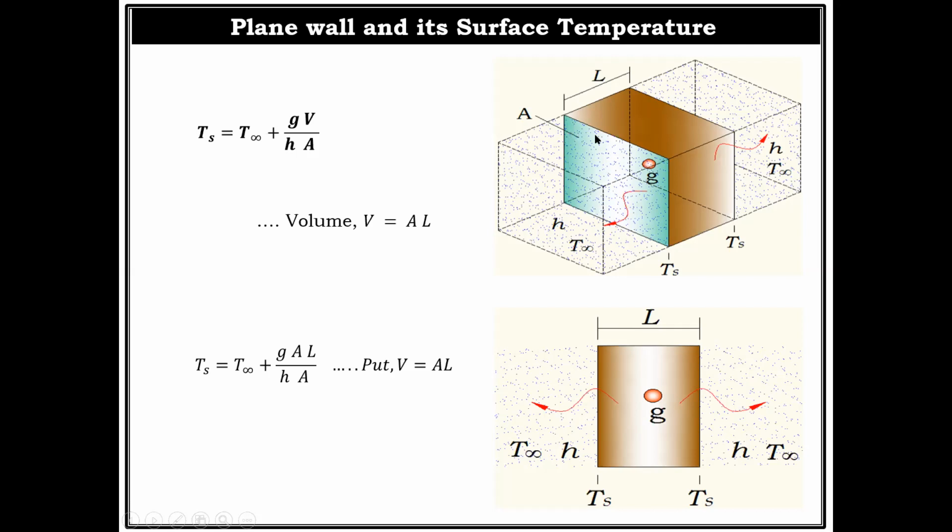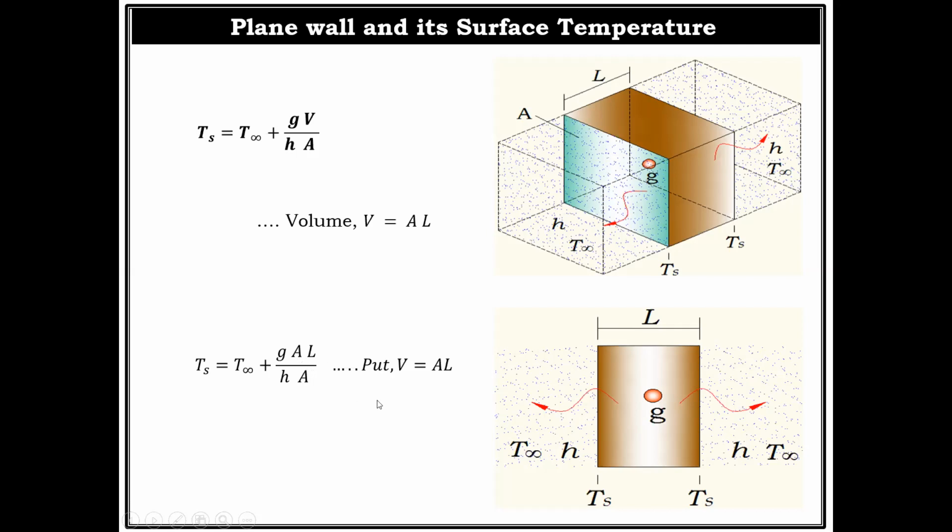That means the surface area exposed for convection is this one only. So in this case, both the numerator and denominator areas are the same. Numerator is a cross sectional area, denominator is a surface area for heat convection. But as per amount or quantity wise, it remains the same.